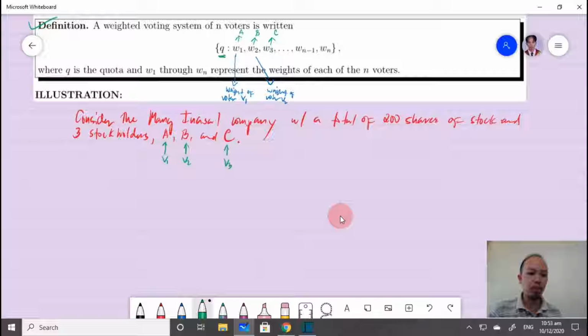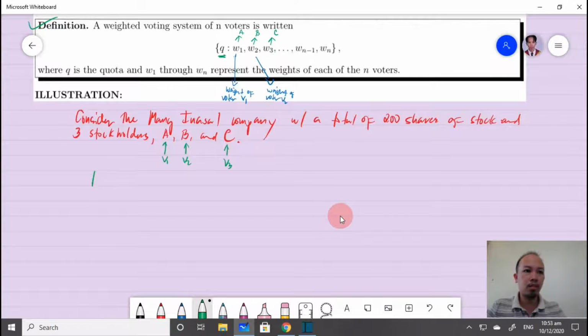For example, A has, let's say, 90 shares.